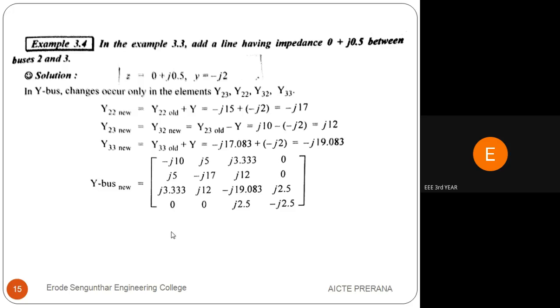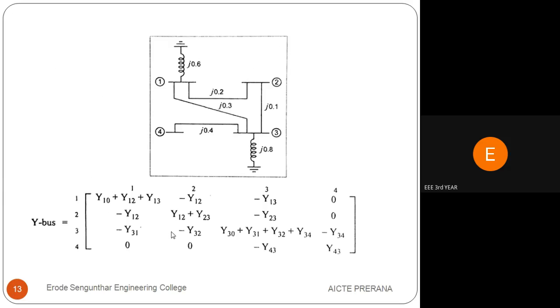That impedance value j0.5 is added between bus number 2 and 3. That is, in this network we are adding additional impedance between the buses 2 and 3.